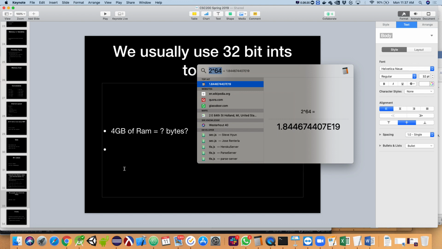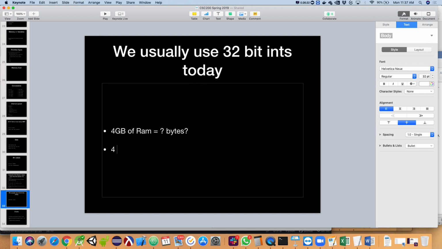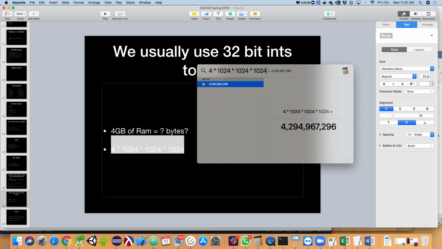So that would be 4 times 1024 gets me megabytes, times 1024 gets me kilobytes, times 1024 gets me bytes. So that is 4.2 billion. That's this number.